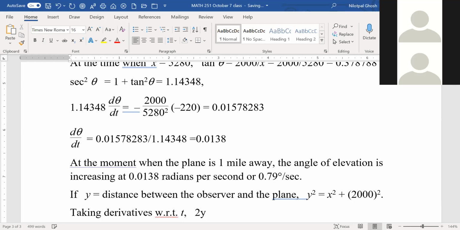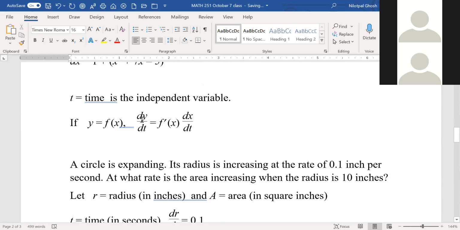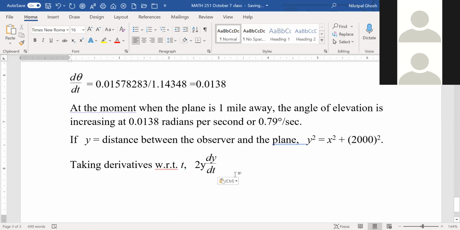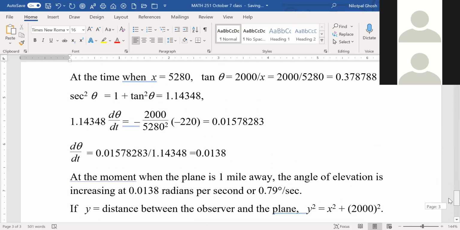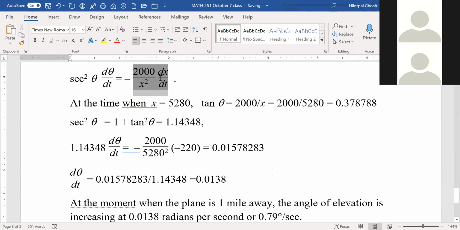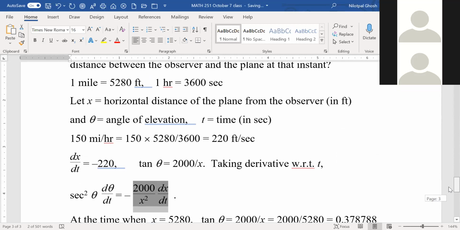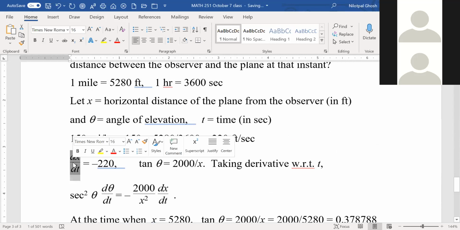2y times dy/dt equals the derivative of a constant, which is 0, so we get 2x times dx/dt. And dx/dt we have here somewhere, I wrote it down.